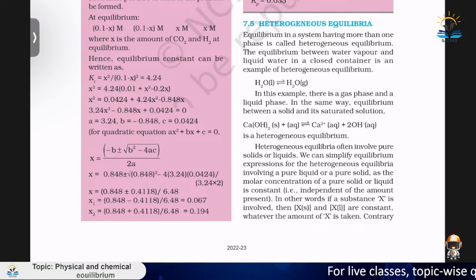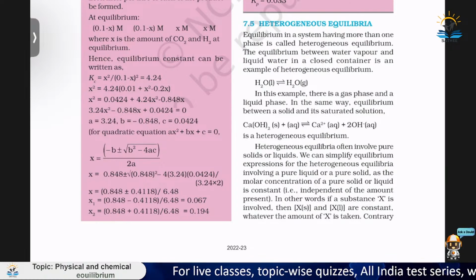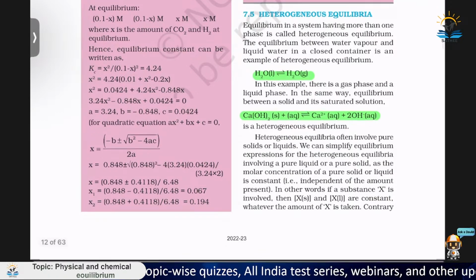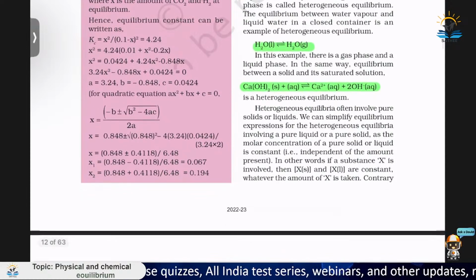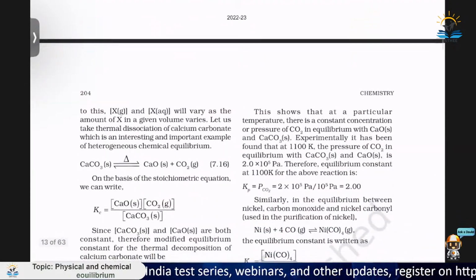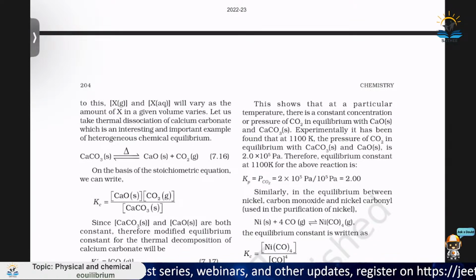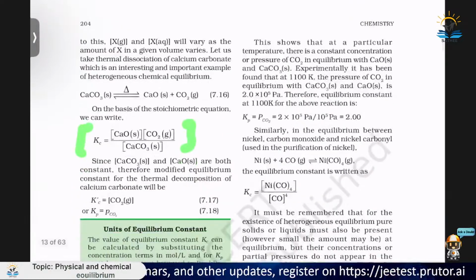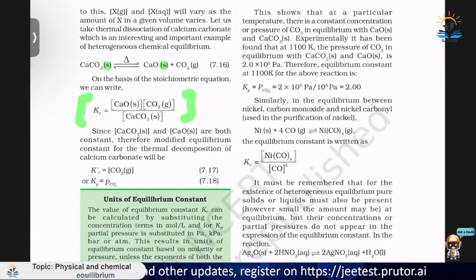Moving on to heterogeneous equilibrium. In heterogeneous equilibrium, there are different phases involved. For example, the first example is your phase change reaction. The second example they've given us is calcium hydroxide dissociating into calcium and hydroxide ions. Usually what you do is, in the expression of Kc, you remove the solid phase reactants.